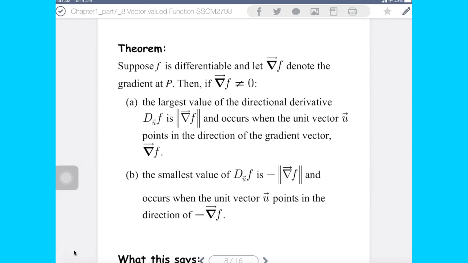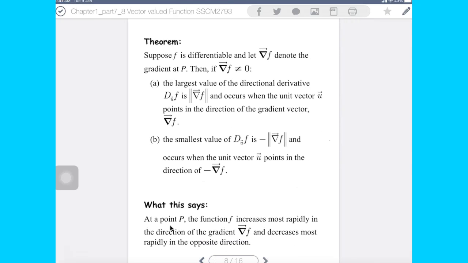You just obtain the gradient of f, and then to get the value, you compute the magnitude of that gradient vector. Okay, so that is the optimal property of the gradient.